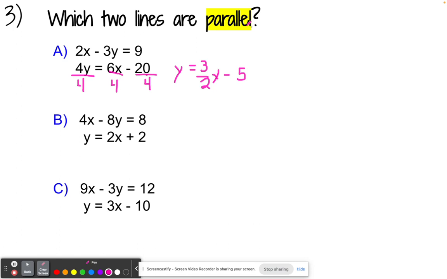Let's do this one. 2x minus 3y equals 9. I would have to subtract 2x from both sides. I get negative 3y equals negative 2x plus 9.